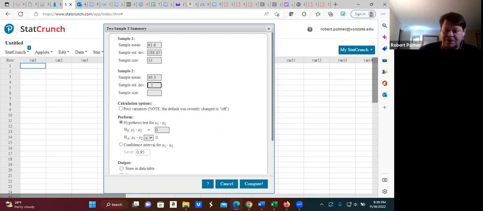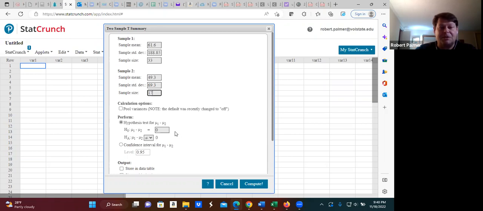Standard deviation was 69.3. And then the sample size was 17. Here again, the second sample is not larger than 30, but once again, we're going to assume for now that the distribution of the second population is close enough to being normal, or at least not that unusual, so we can still use this. Okay.